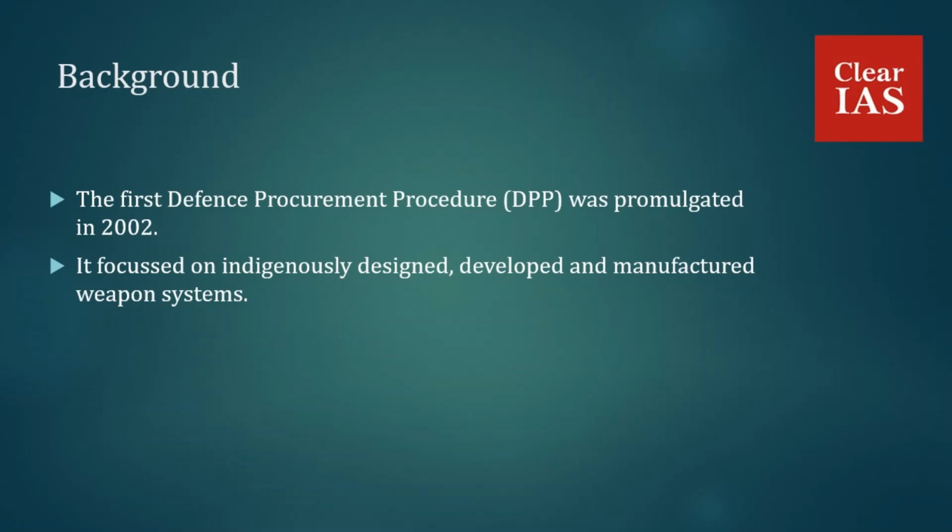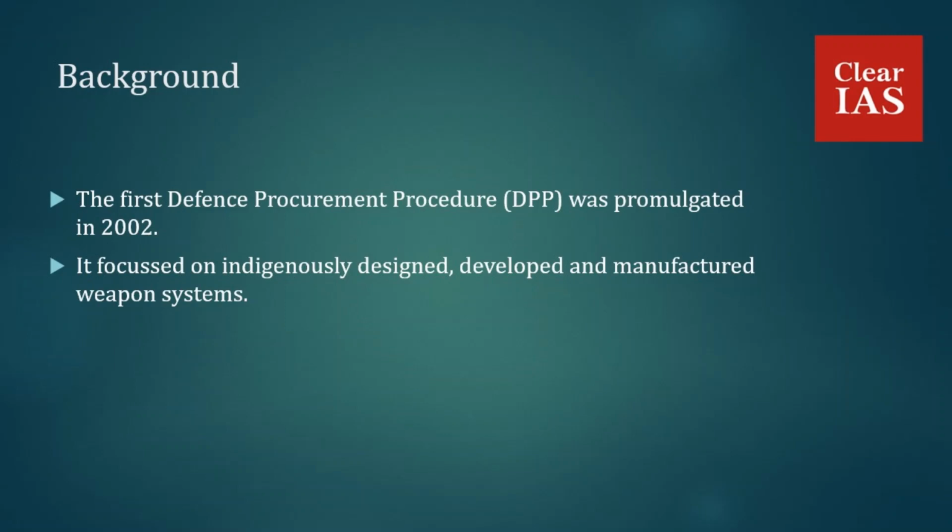A committee under the chairmanship of the Director General of Acquisition was constituted to review the Defense Procurement Procedure 2016, and DPP 2016 was released, replacing DPP 2013, which was based on a recommendation of the Dhirendra Singh Committee.